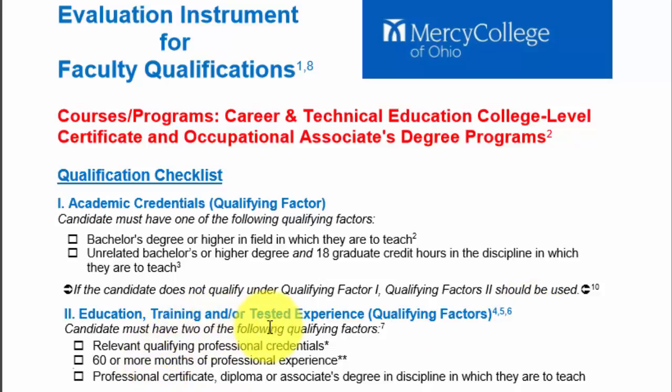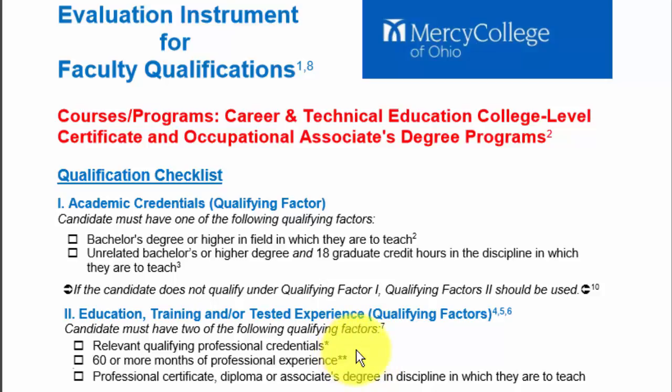So you must have one of the two qualifying factors. You have a relevant qualifying professional credential, and that will be left up to the discipline to determine what that is. There are certain credentials that are nationally recognized in each of these areas that we have here at the college. We also have a category of 60 months or more of professional experience.